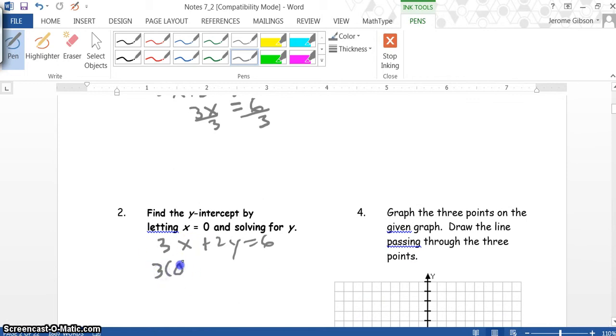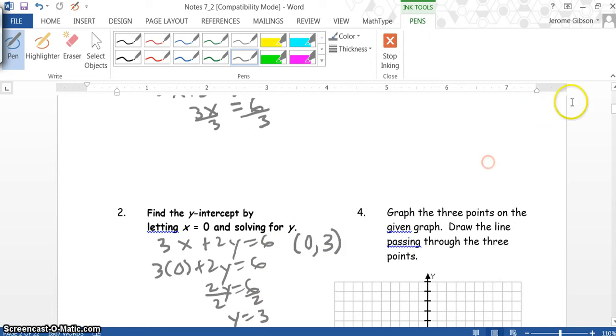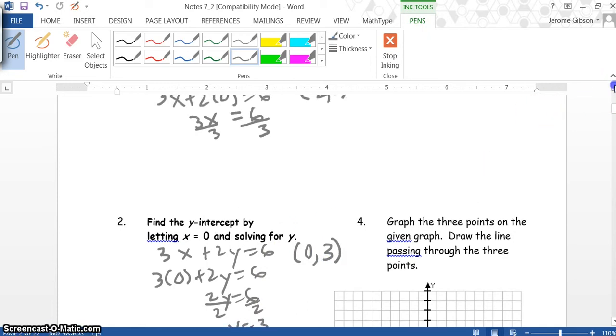So we have 3 times 0 plus 2y equals 6. 3 times 0 is 0, plus 2y is 2y, and that equals 6. We divide each side by 2, and y is equal to 3. So we'll write this as an ordered pair, which would be 0, 3, and that will be your y-intercept.